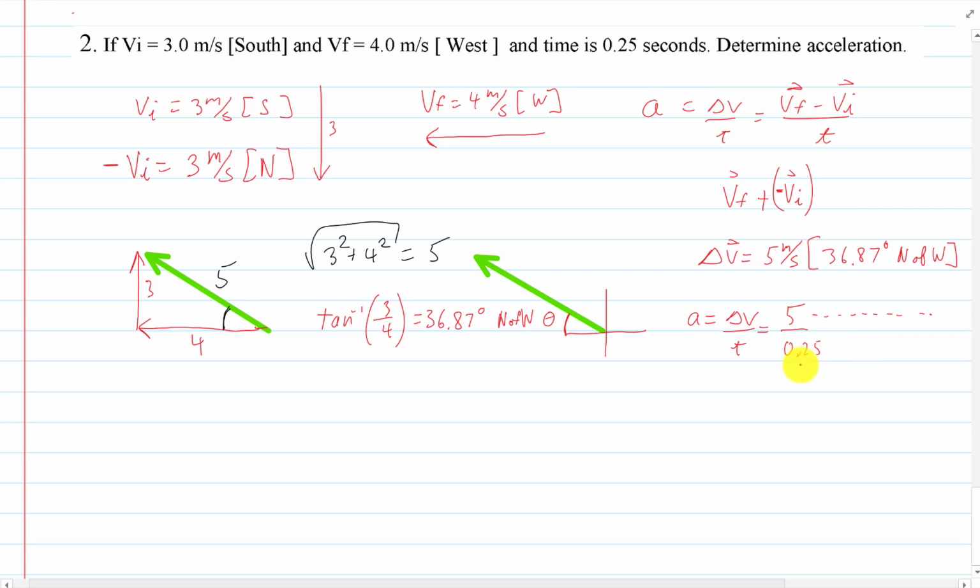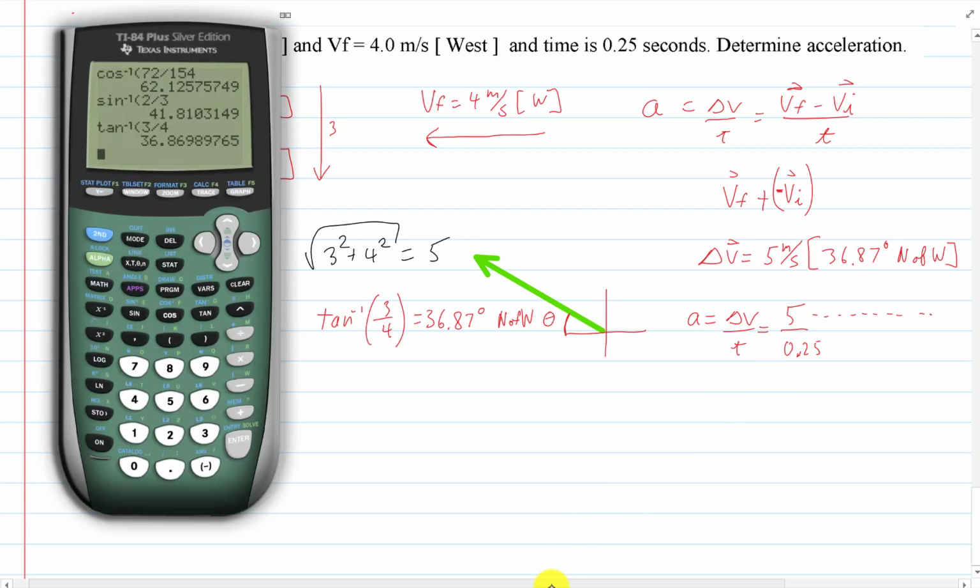Okay, so 5 divided by a quarter will be 20. Well, let's just make sure. 5 divided by 0.25 is 20. So the acceleration is 20 meters per second squared at that same angle, 36.87 degrees north of west.